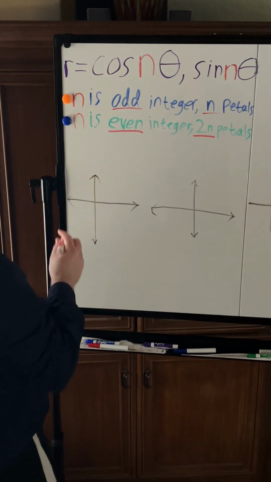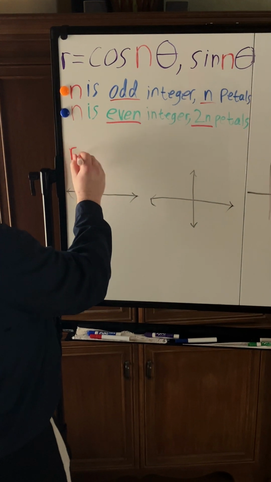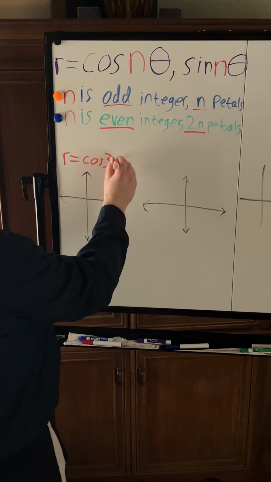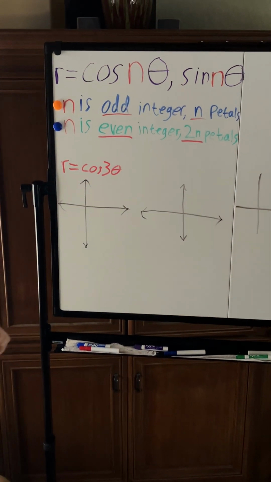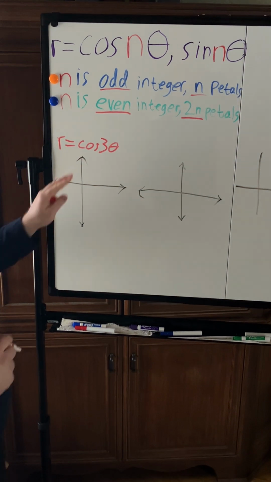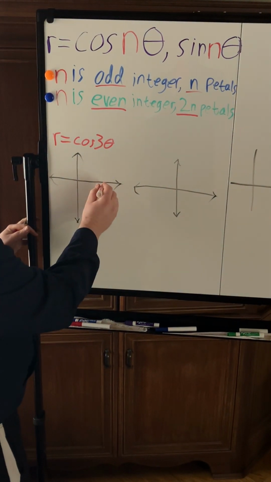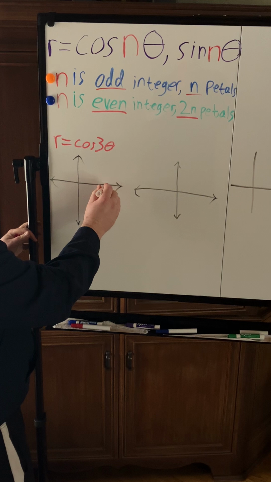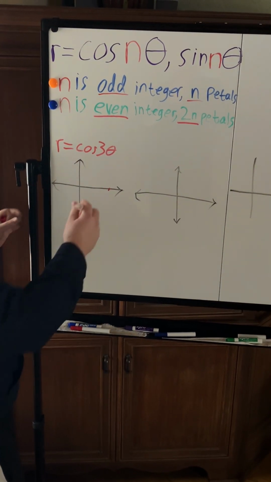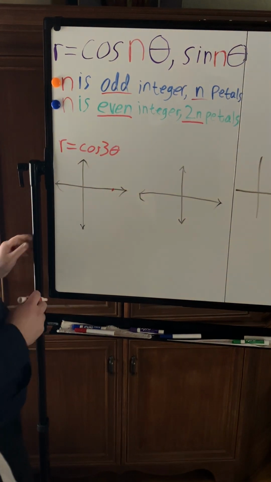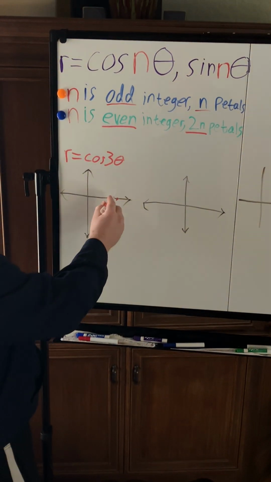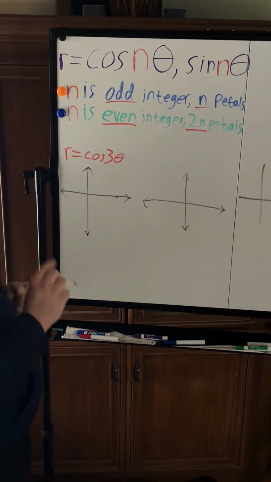If I have something like r equals cosine 3 theta, then I know I'm going to have 3 petals. And furthermore, I know with cosine, I'm always going to have a maximum value at 0 because cosine of 0 is 1. So I know there's 3 petals. I know they are evenly spaced, and I know where one of them has a maximum value.